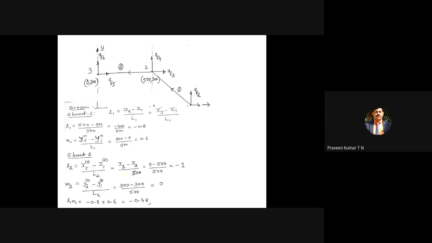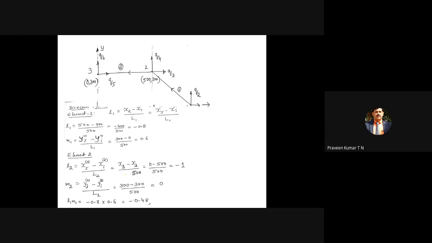In a similar way, you have to find the direction cosine for element 2. That means L2, which is nothing but cos theta. Don't worry about what the cos theta is for element 2; even though it is horizontal, it may be 0 or minus 1, whatever. So now write the general formula xj minus xi divided by L2. For element 2, the jth node is node 3 and the ith node is 2.